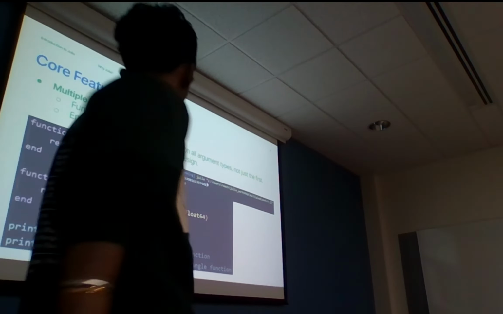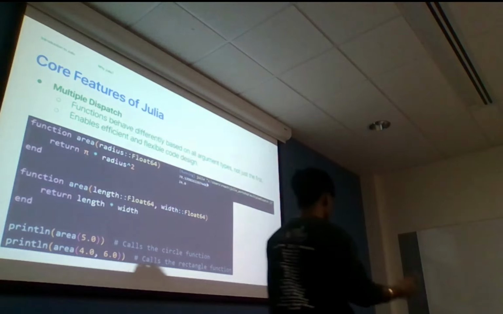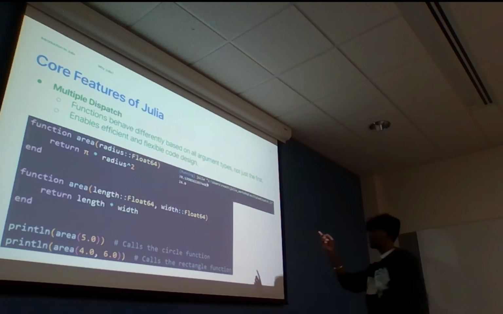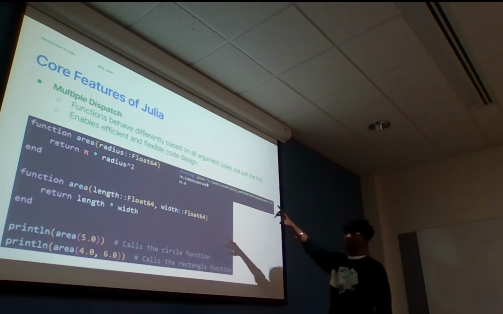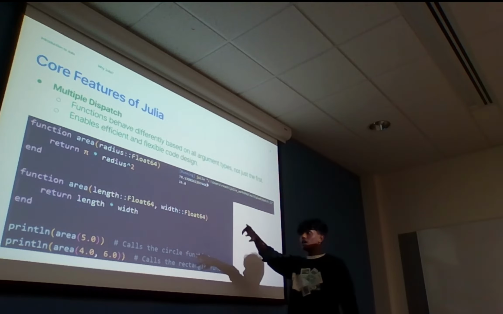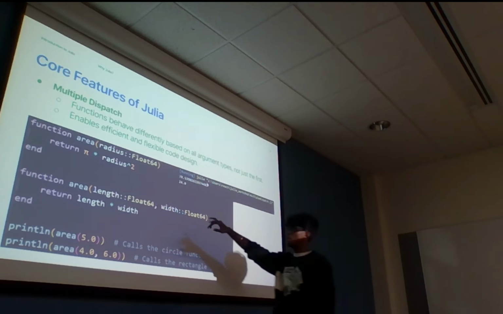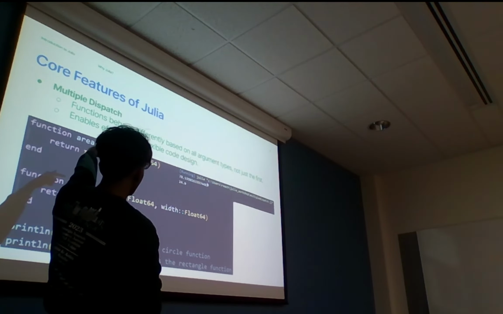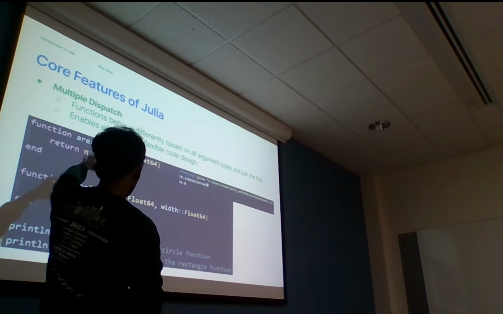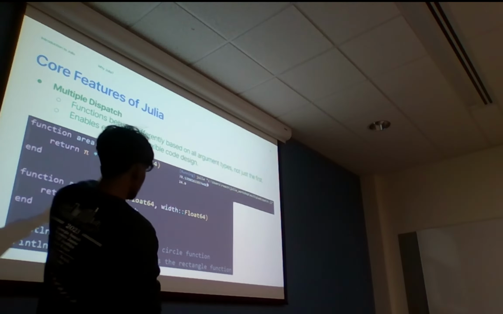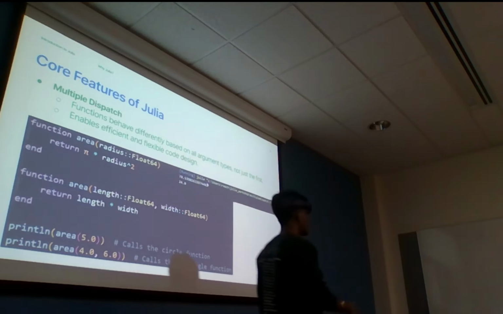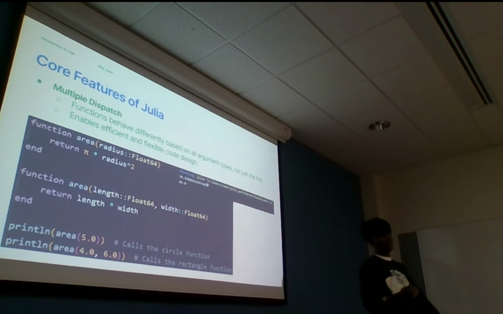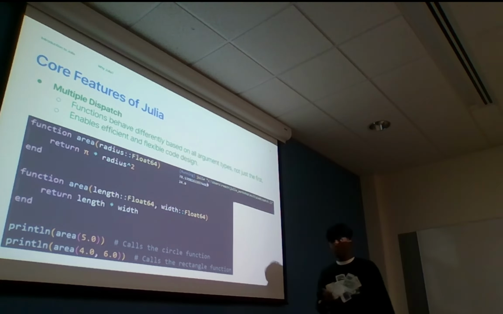The next core feature is multiple dispatch. C++ has something similar, but let me explain this first. Basically, you can have two almost exact same functions with the exact same name, but with different parameters, and you can have different things inside too. C++ has something similar called function overloading.